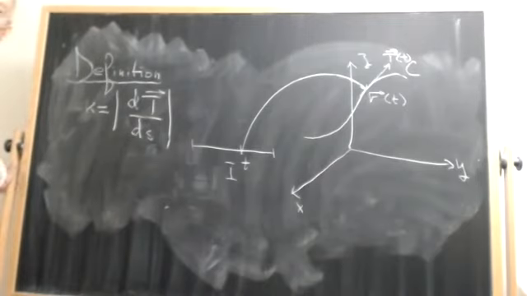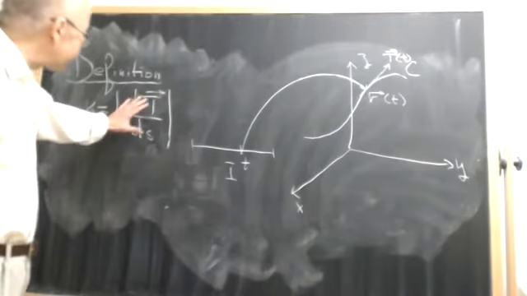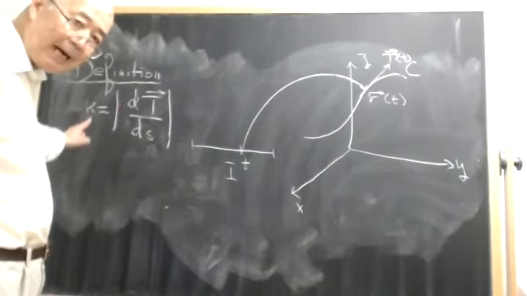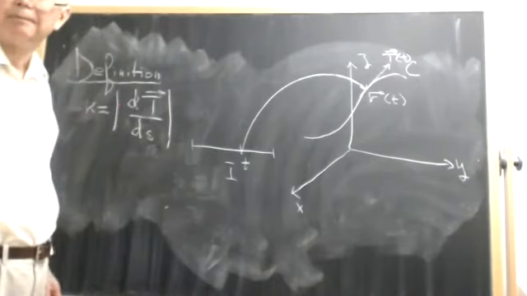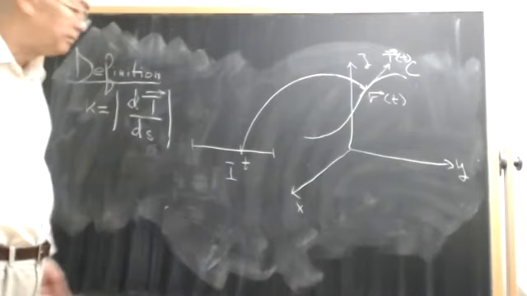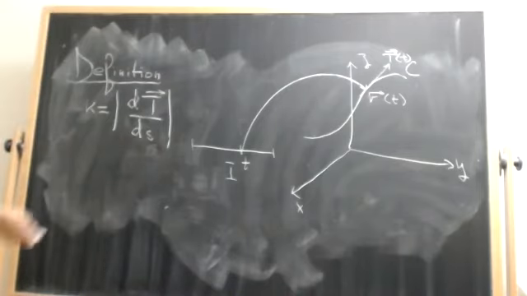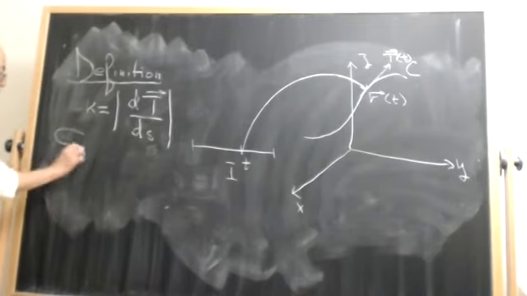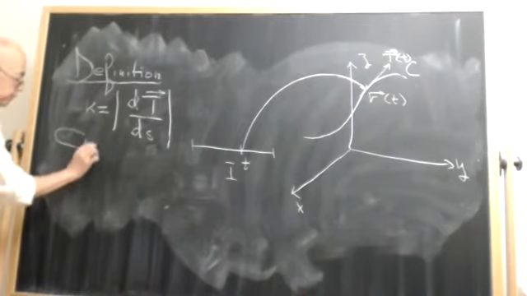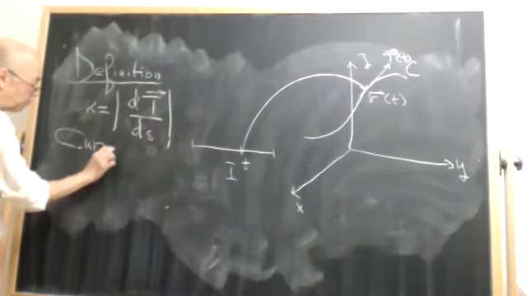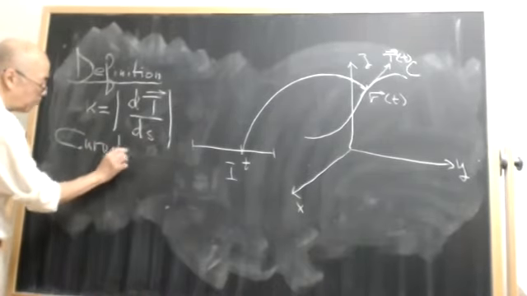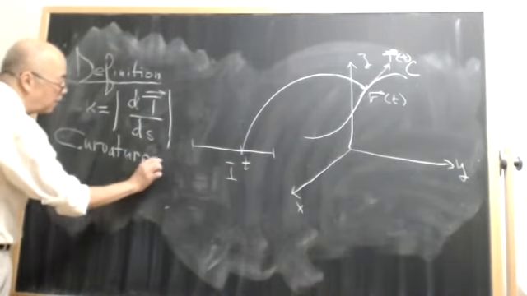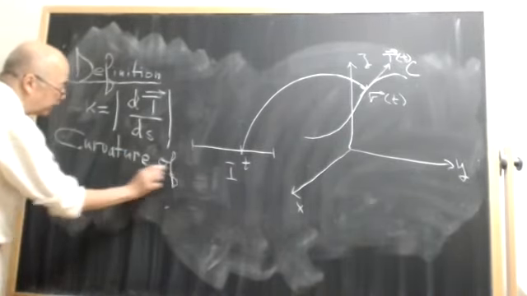I denote this length by the Greek letter kappa, which is a K anyway. This is what people usually call the curvature of the curve C.